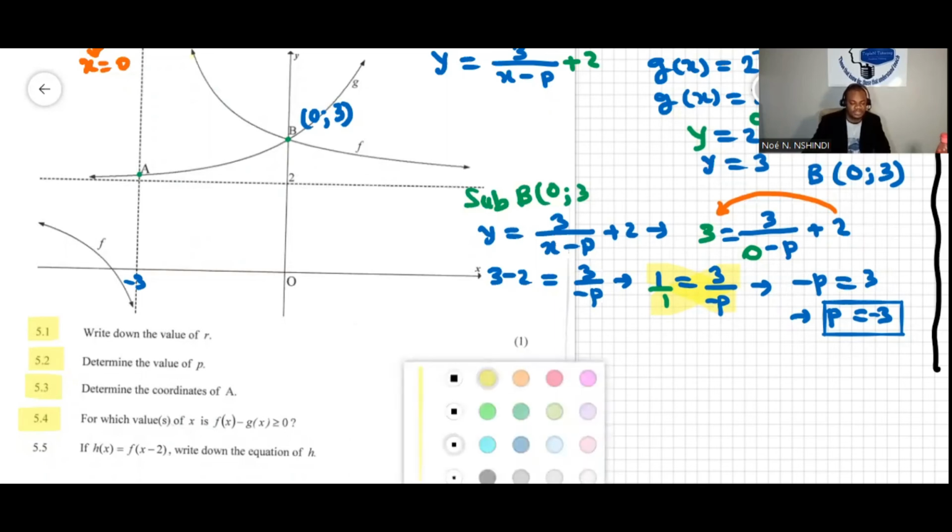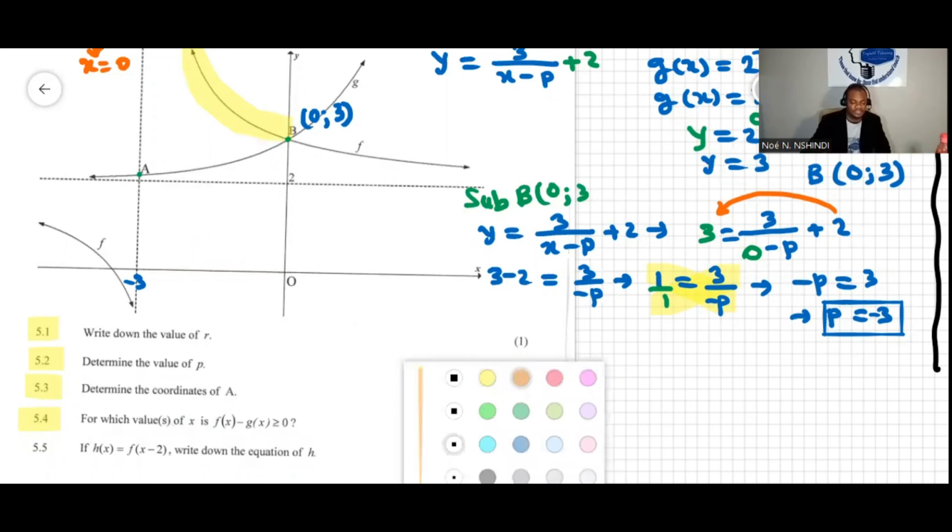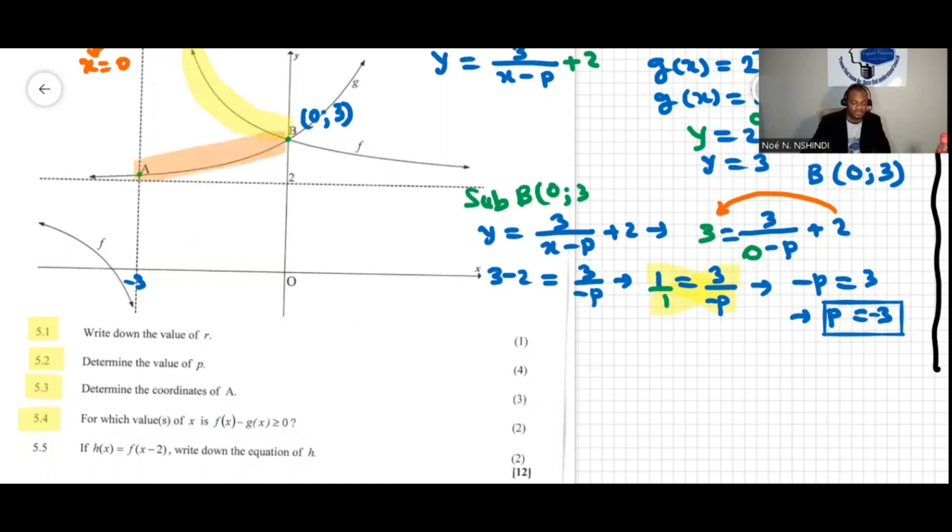We can notice that this is f of x, and that one is g of x. This is where the difference is more than 0, because the difference is on the positive. Over here, it is g of x minus f of x, but here it's f of x minus g of x, and it's positive.